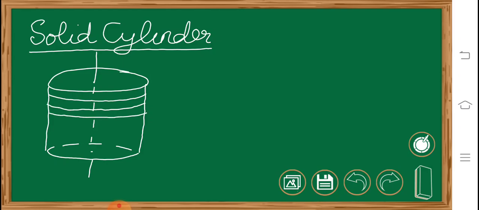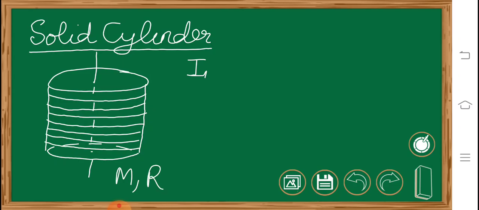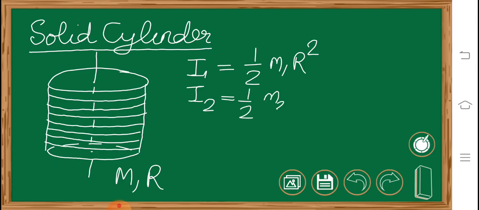each part will behave as a disc. So the moment of inertia of the first part, I'll write the total mass as m, radius as r. Moment of inertia of the first disc will be half m1r square. Moment of inertia of the second disc will be half m2r square.